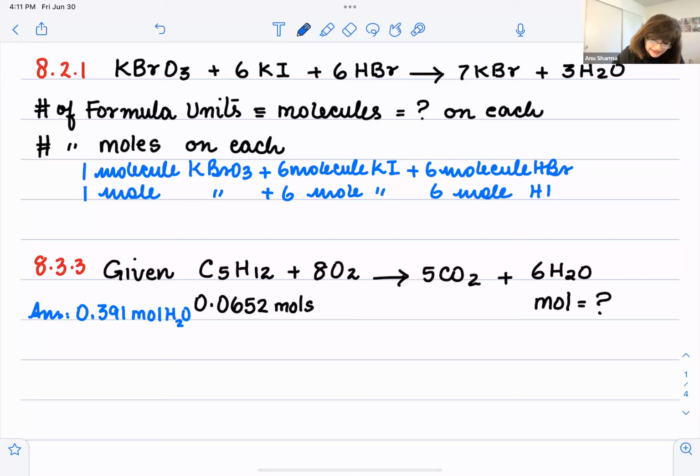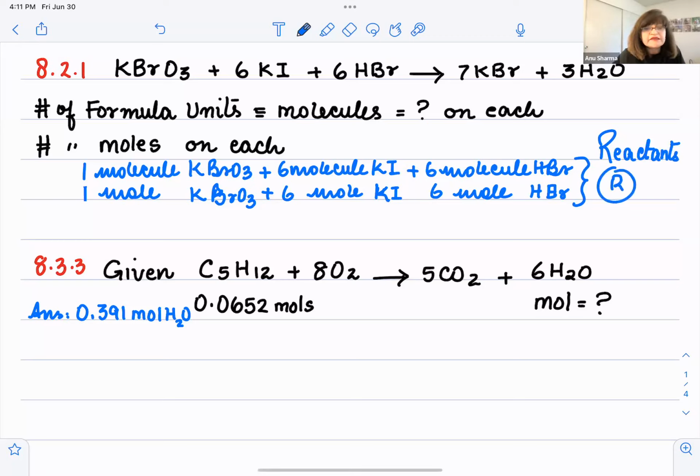So these are the reactants. So I'm going to just put this here, HBr, and this is potassium iodide, and this is KBrO3. So these guys are the reactants. And in short, I use them as R.